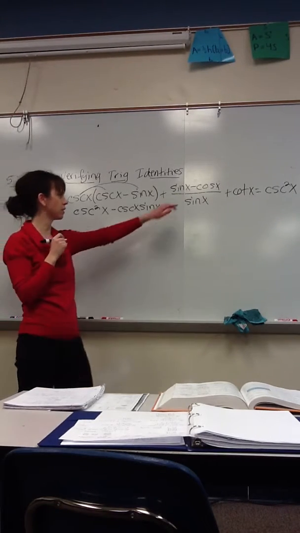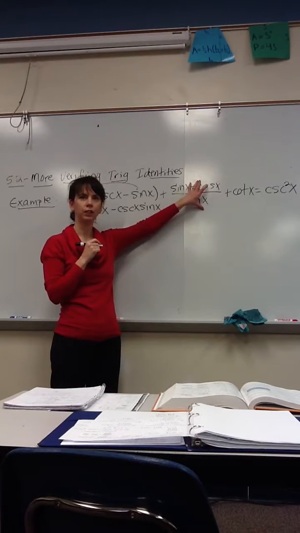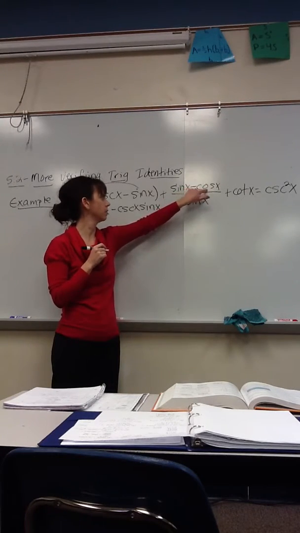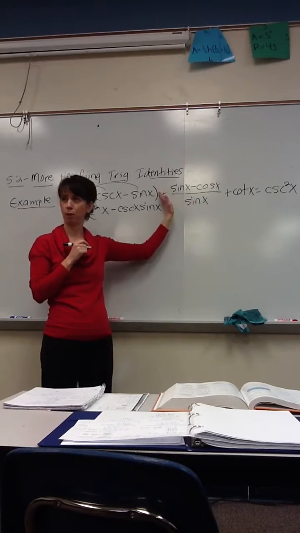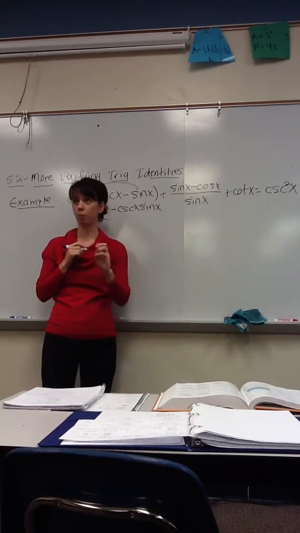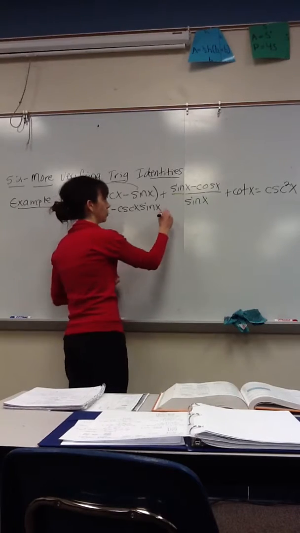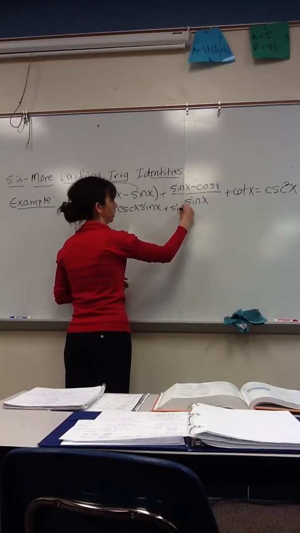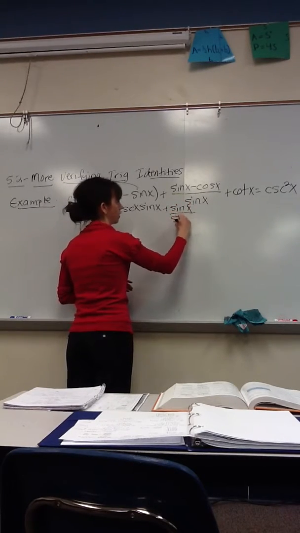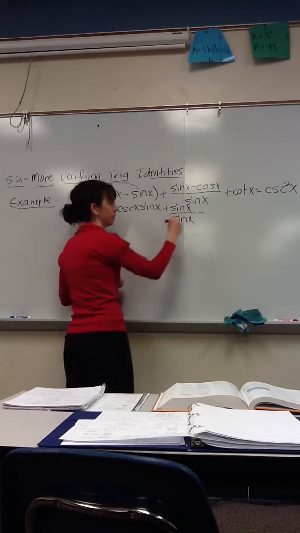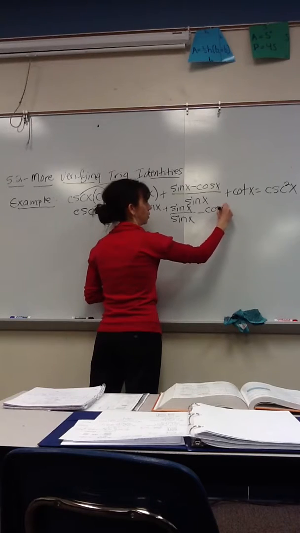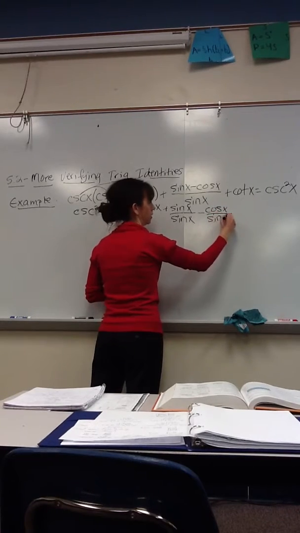Now, do you see this weird fraction here? Both of these things are on top of the sine of x. So what I'm going to do is separate them and make them two separate fractions, both over the sine of x. So this is going to be plus the sine of x over the sine of x, minus the cosine of x over the sine of x.